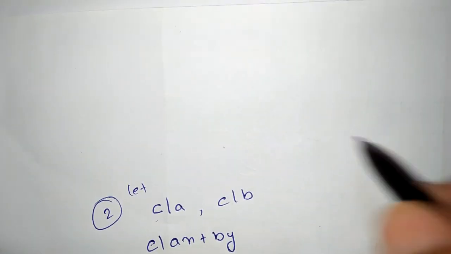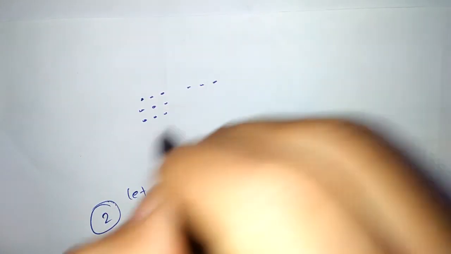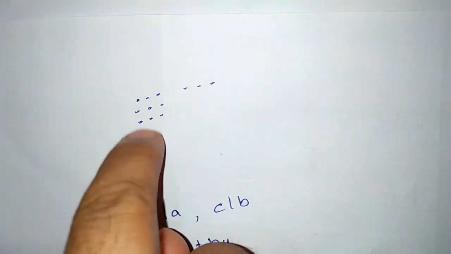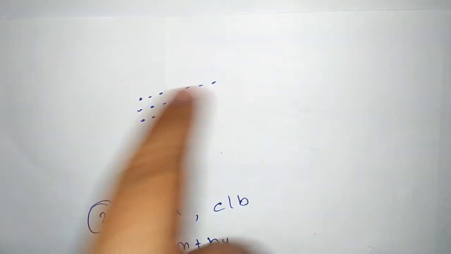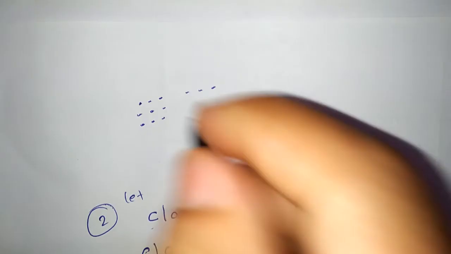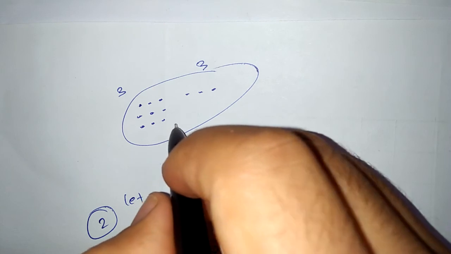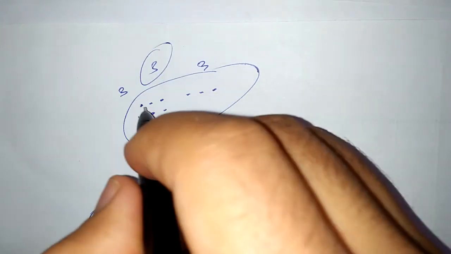So if these are two numbers which can be divided by 3, and you produce some combination of these two numbers, it is always going to be divided by 3. This is divided by 3, this is divided by 3, and if we produce a combination of these two numbers, it is always also going to be divided by 3.